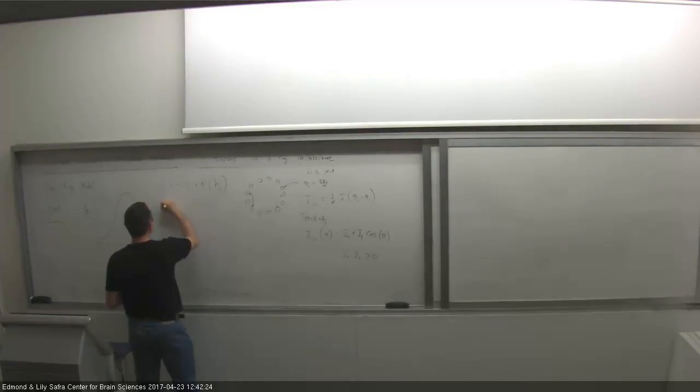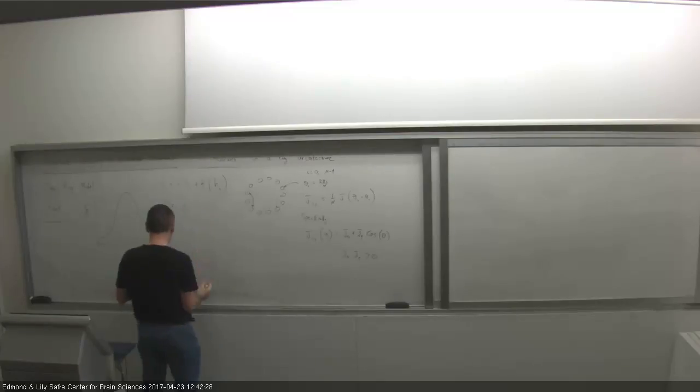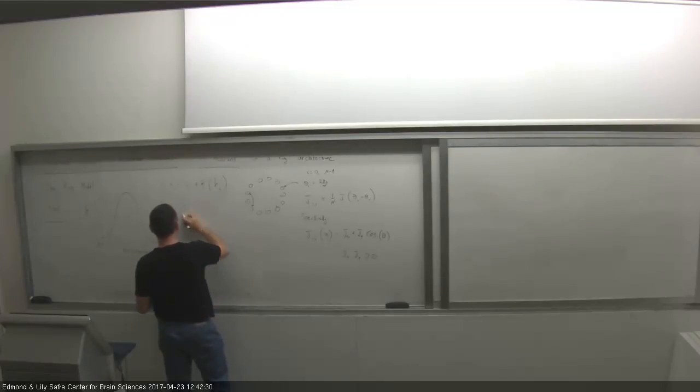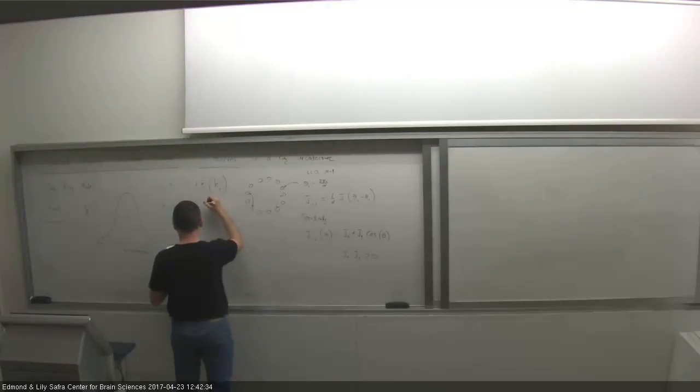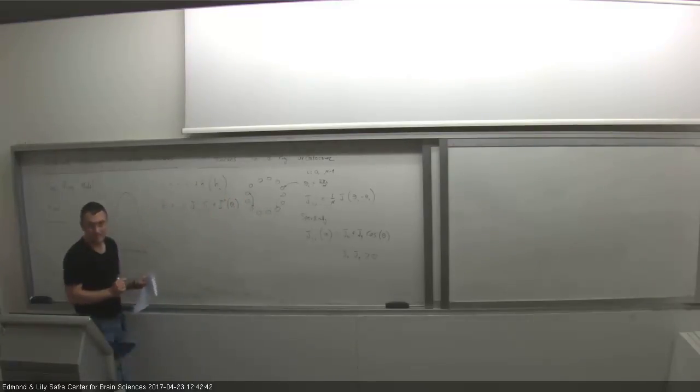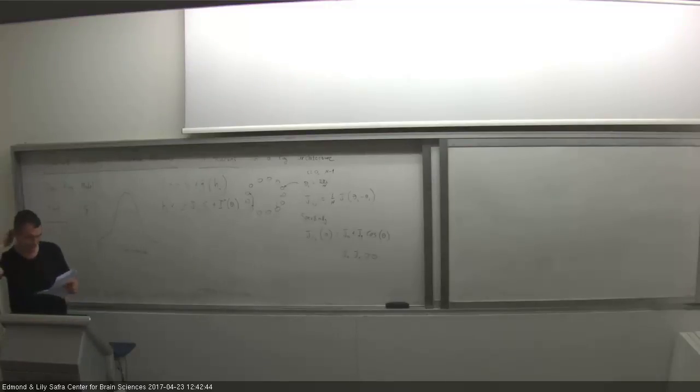So the input Hi is, as always, the sum of the activities of all neurons, sum over J of Jij Sj, plus some external input, which is neuron specific. Each neuron receives its own input.